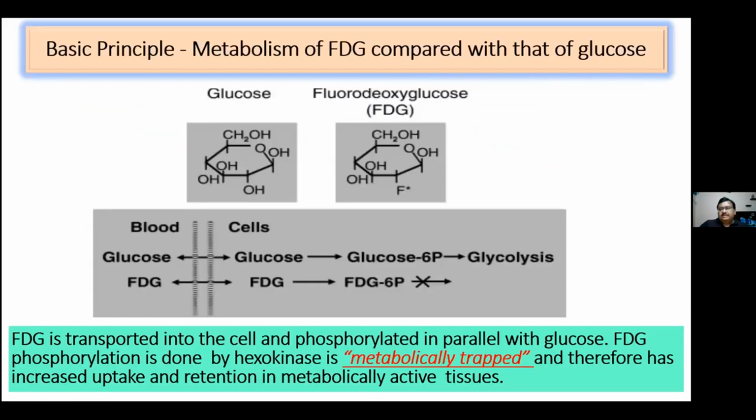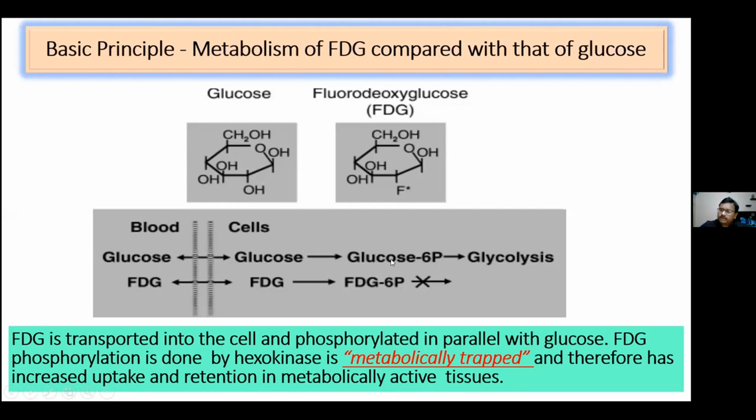Now, here is a diagrammatic description where we are seeing the basic principle of PET. Now, I just wanted to emphasize, when we inject FDG into the blood, which is actually an analog of glucose, what happens? Now, we have normal glucose as well as FDG. This normal glucose in the bloodstream goes into the cells, is transported by the transmembrane receptors, is phosphorylated by hexokinase.